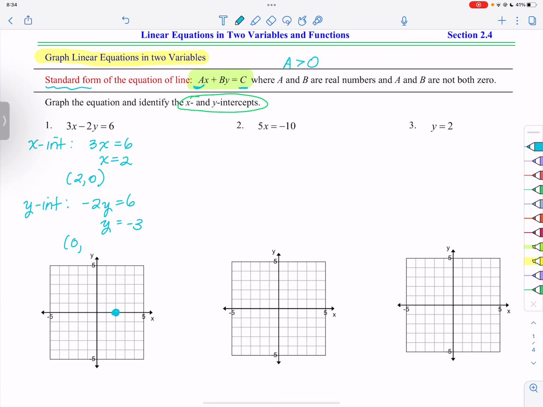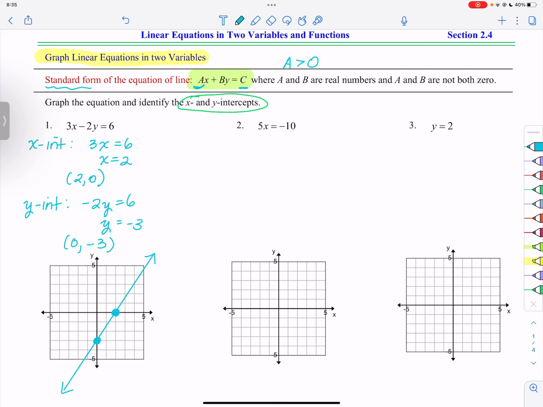The point generated is (0, -3). You could think of this as when x is 0, y is negative 3. So we have (0, -3). Now all we have to do is connect those points, and we have the graph of that line.